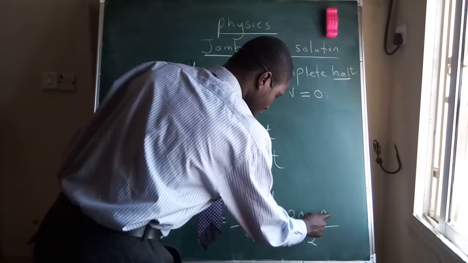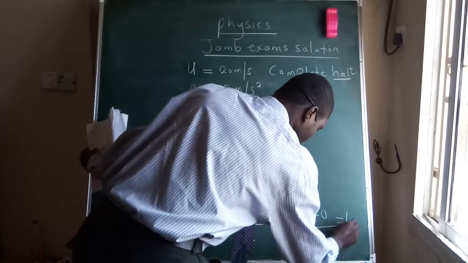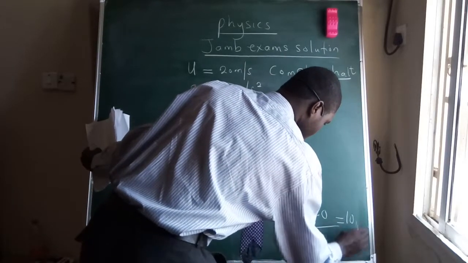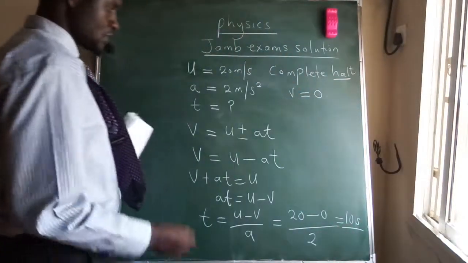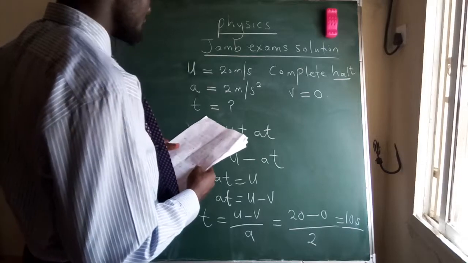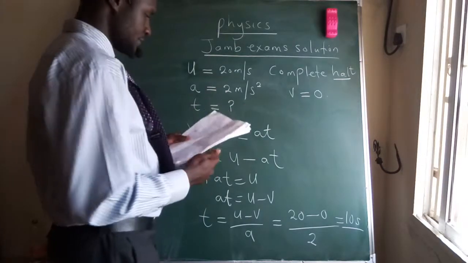Then 20 minus 0 over 2 is 10 seconds, since it is time. So the answer is 10 seconds, and 10 seconds is option C. Option C.